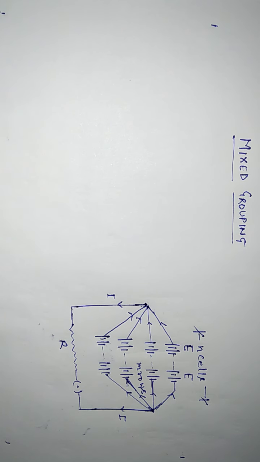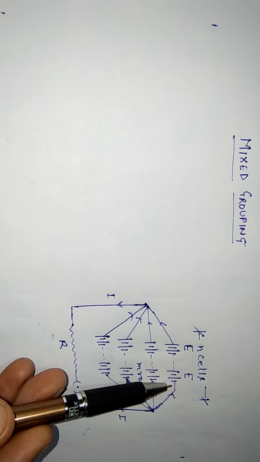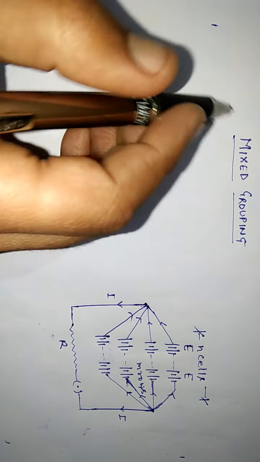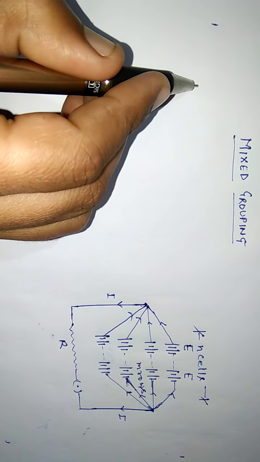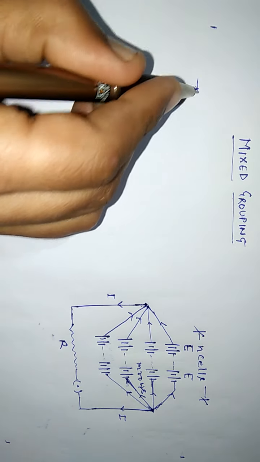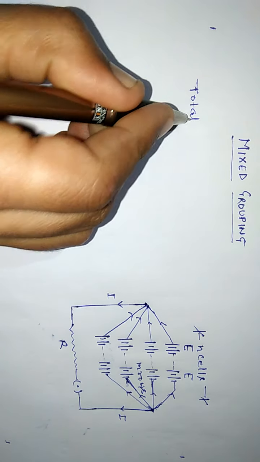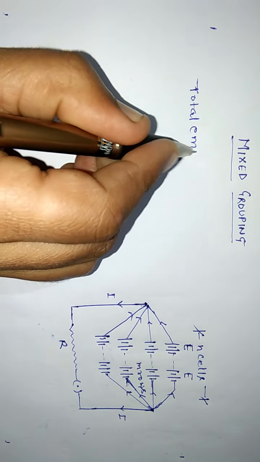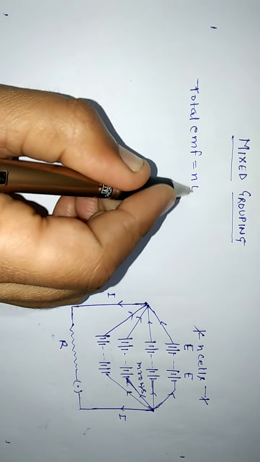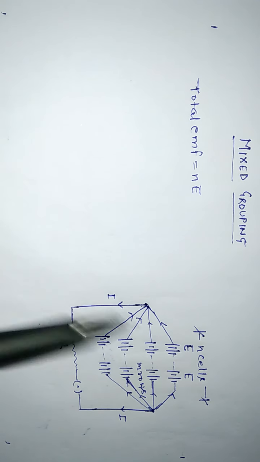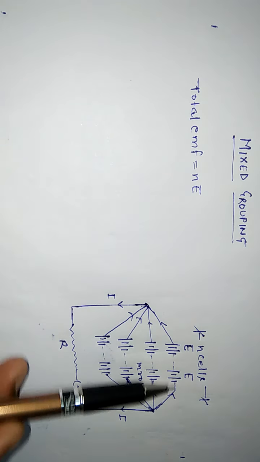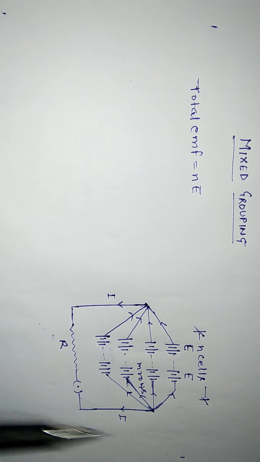So the total EMF of n cells which are connected in series will be equal to nE. This is the EMF of the cells which are connected in series.